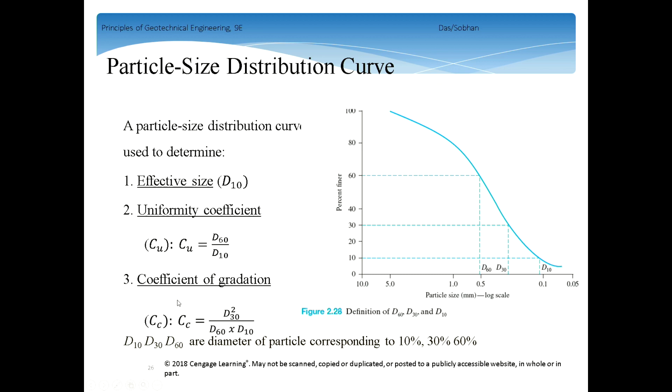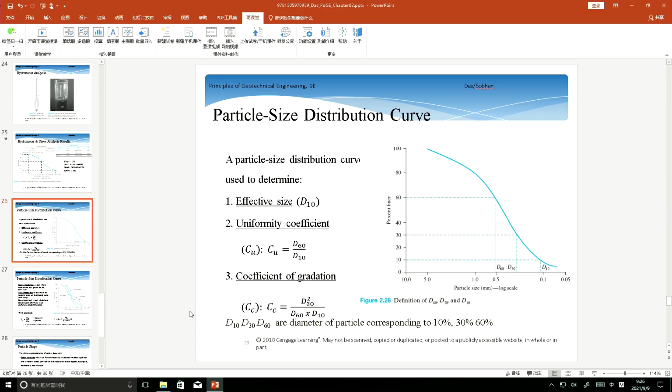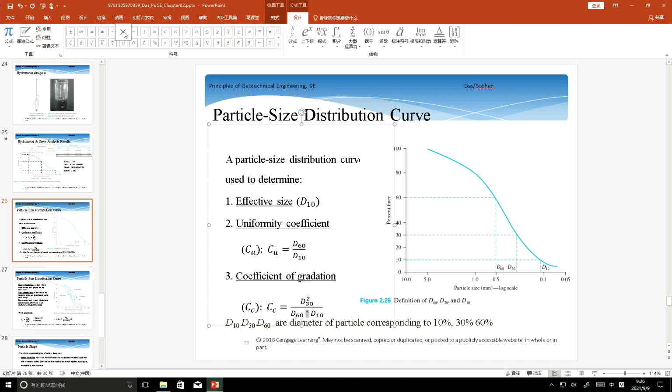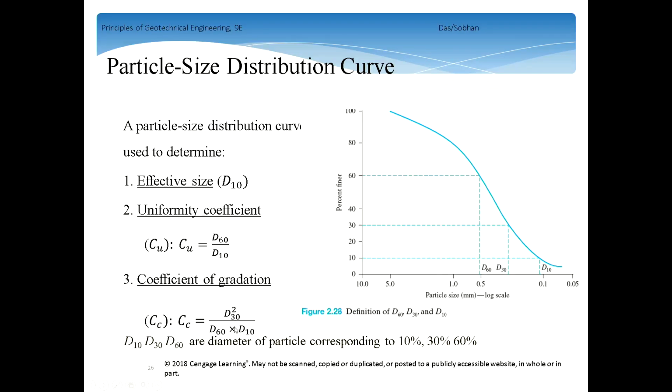And the coefficient of gradation, Cc, can be calculated with D60, D30, and D10. Right?